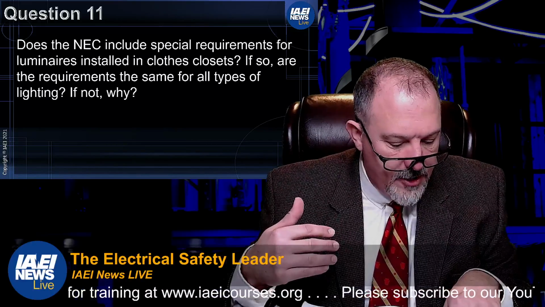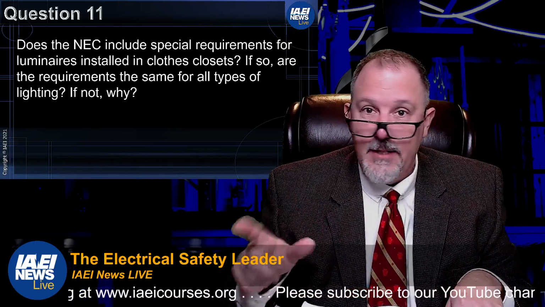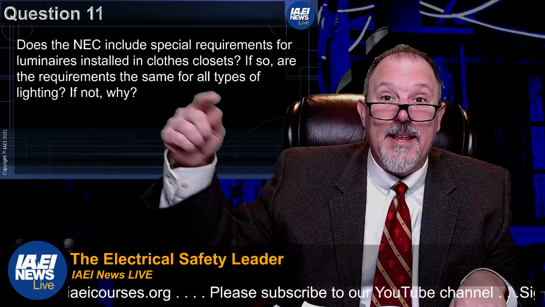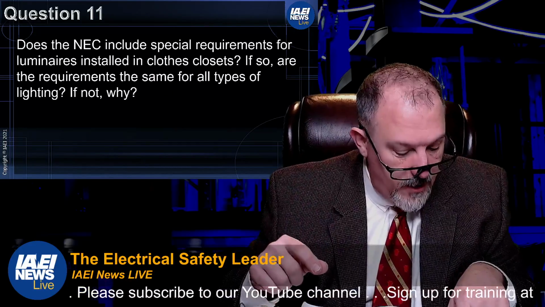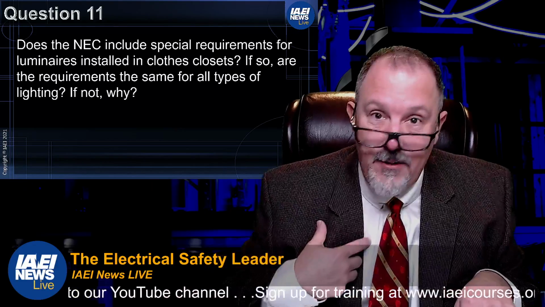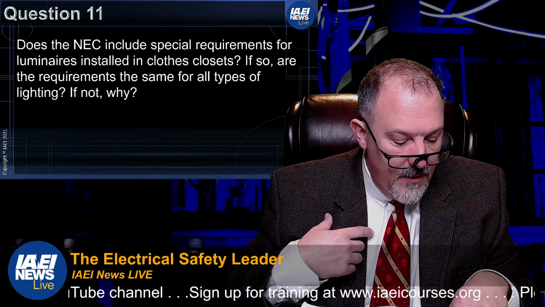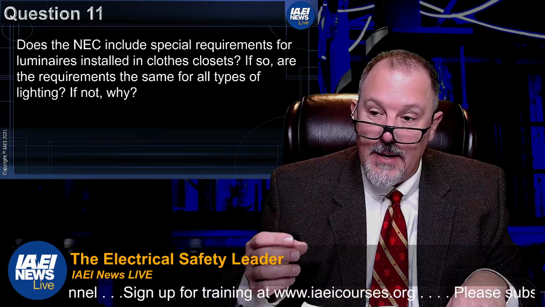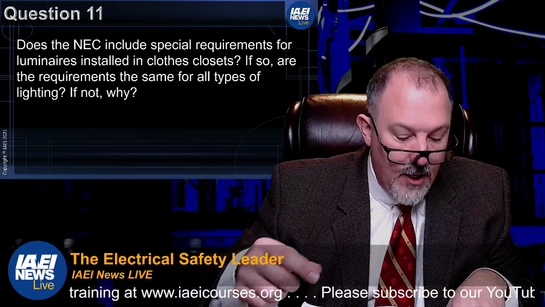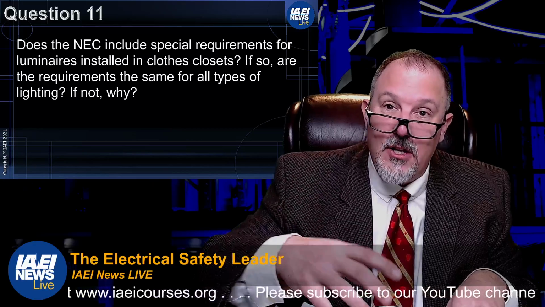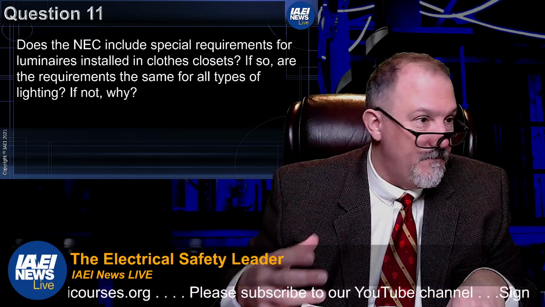Keep going. Luminaires in show windows. My closet is not a show window. It may be those items came from a show window, but it's not a show window. 410.16, luminaires in closed closets. All right, so I would expect that 410.16 comprises a little bit of 410.11 and 410.12 around luminaires being close to combustible materials.